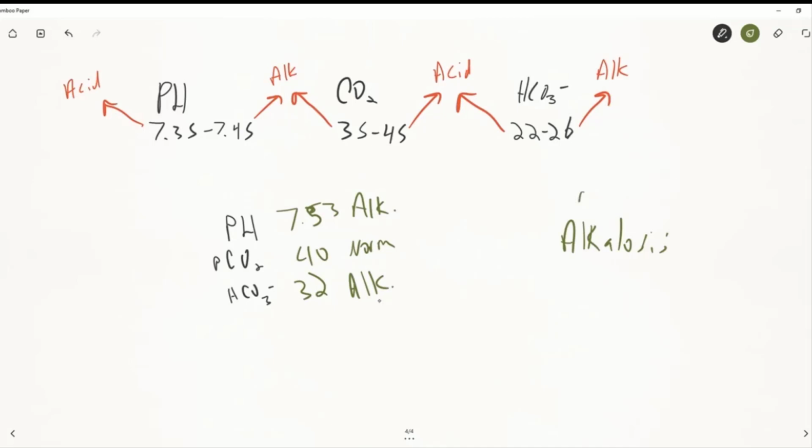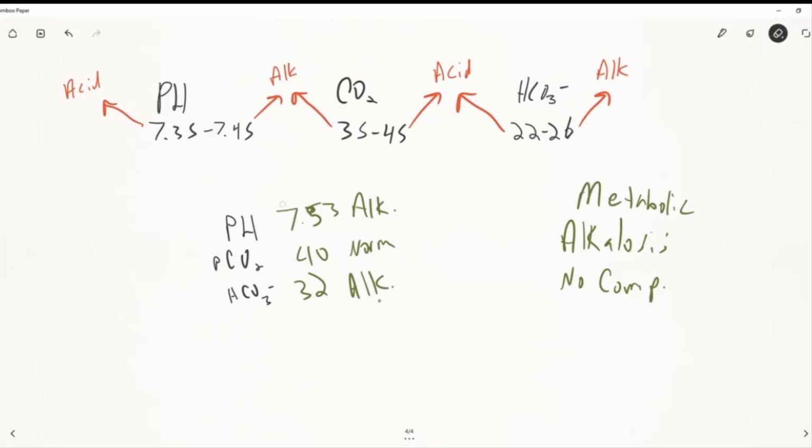So this person has metabolic alkalosis. And the PCO2 being normal tells us that there is no compensation yet. Metabolic alkalosis. What kind of things can cause that? Something like prolonged vomiting.